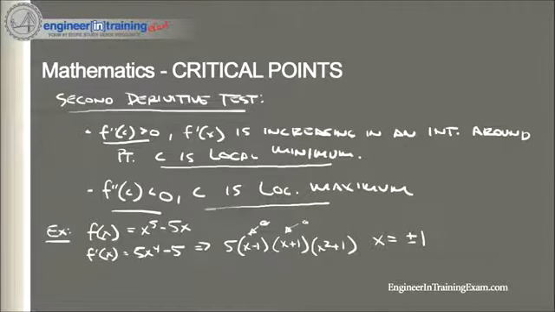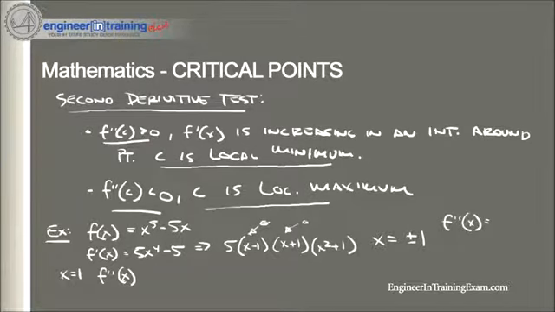Now let's use the second derivative test to determine if plus 1 is a local minimum or maximum, and if -1 is a local minimum or maximum. So at x equal 1, let's first define what the second derivative is.